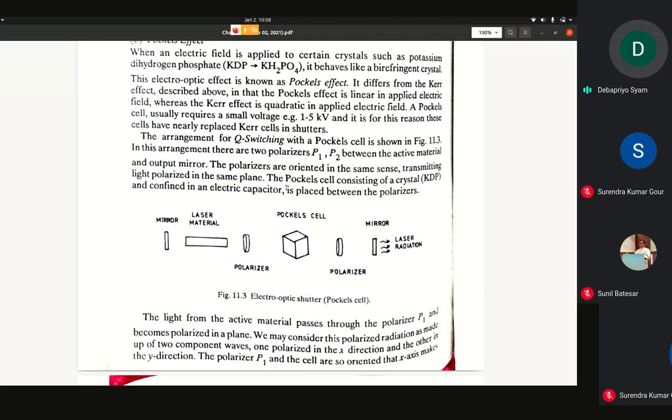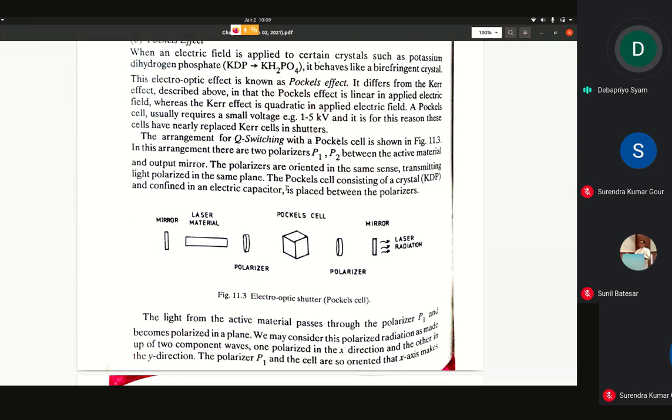So when it falls on the analyzer, whose pass axis is oriented parallel to the pass axis of the polarizer, it prevents radiation from propagating towards the right hand mirror, because the direction of polarization of the radiation after coming out from the focal cell is horizontal, whereas the pass axis of the analyzer is vertical. So it stops the radiation proceeding towards the right hand mirror.